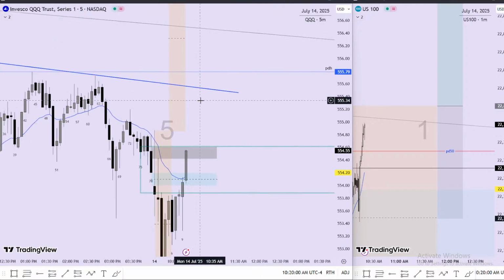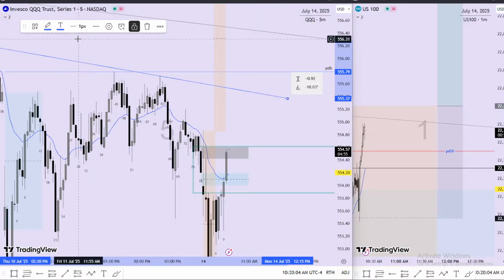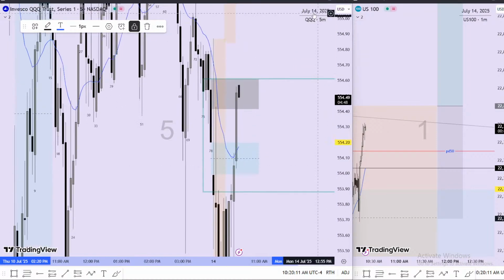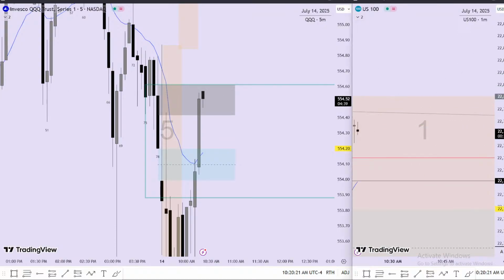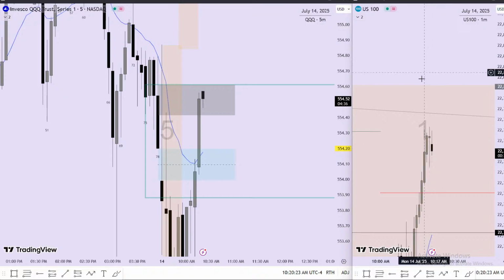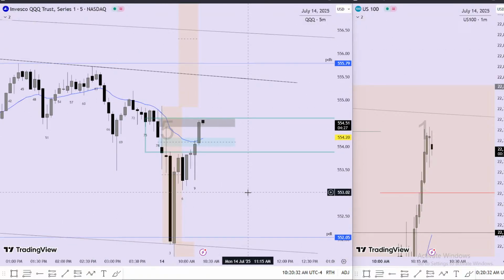I'm watching it very closely to see if we get a closing above 800 for me to enter the trade. This is the same trade on the QQQ futures.